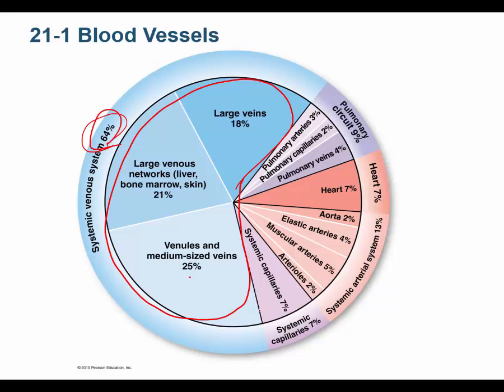You can see that at any given time, only 7% of the blood is in my capillaries. And that's because we shut more than half of them down at any given time. And then it shows you the arterial systemic circuit and the pulmonary circuit. And again, don't memorize these numbers. Just realize one thing. Most of the blood is in your veins in a given snapshot of time.